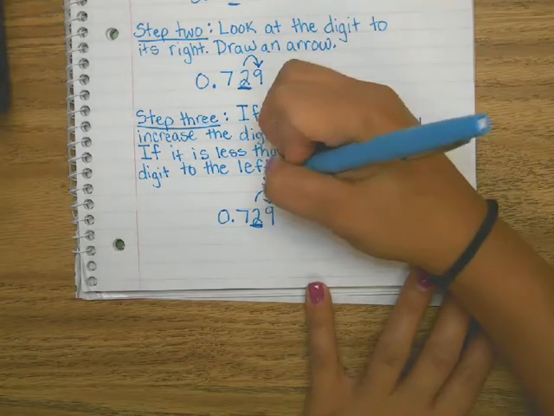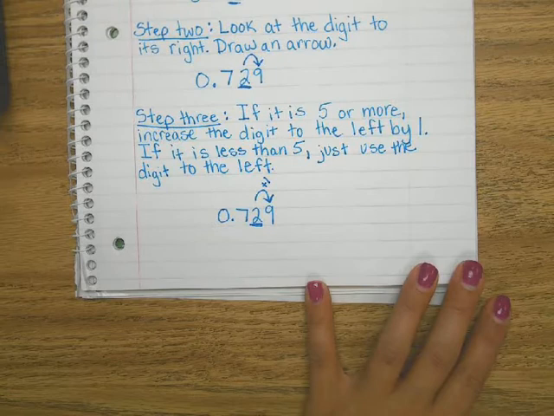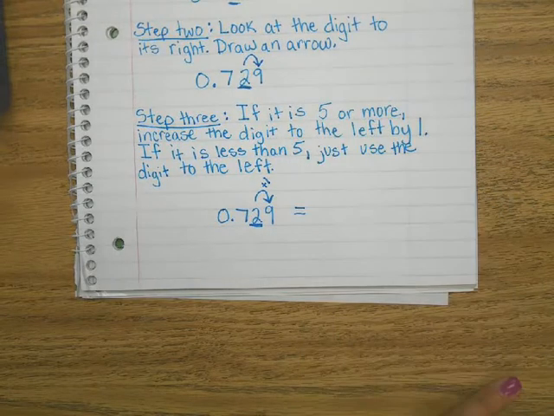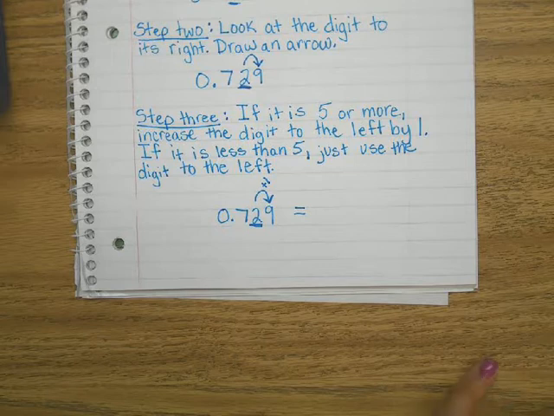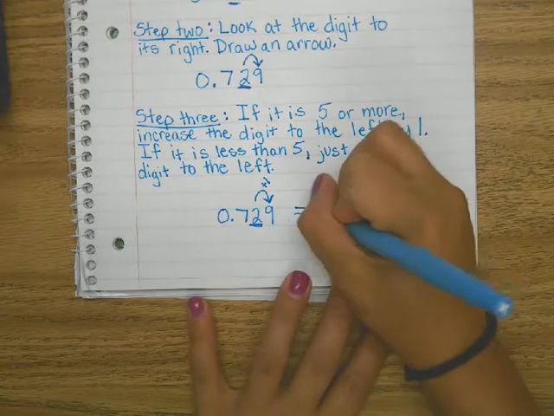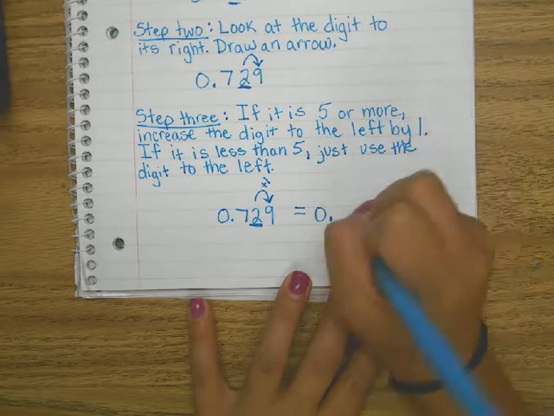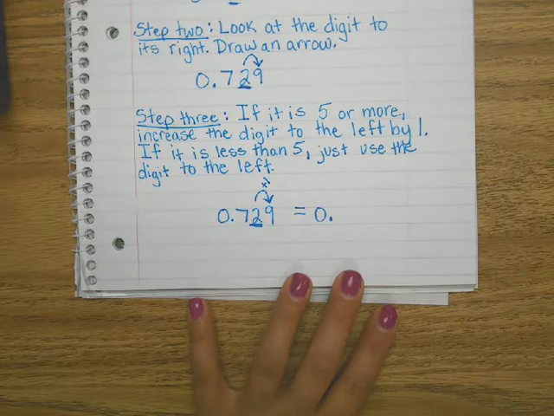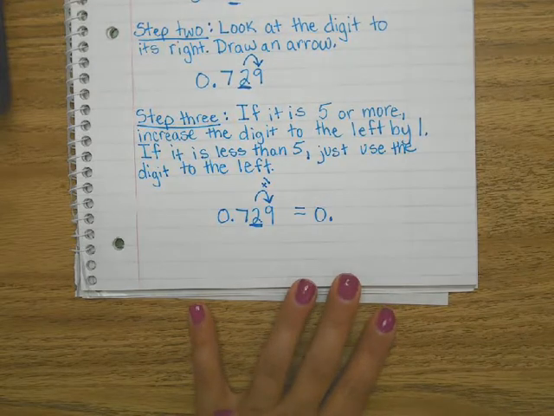So then what would that round to? What would that number become, Andrew? 0. Really close. What do you think, Hunter? 730. So we're not going to put the 0.